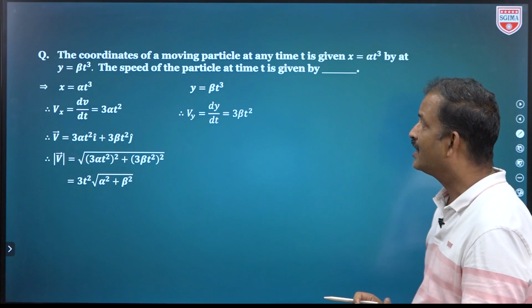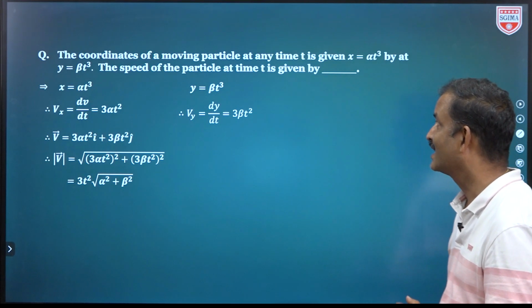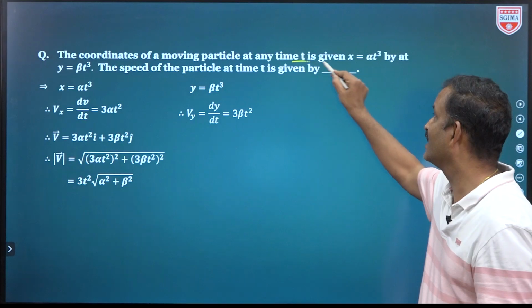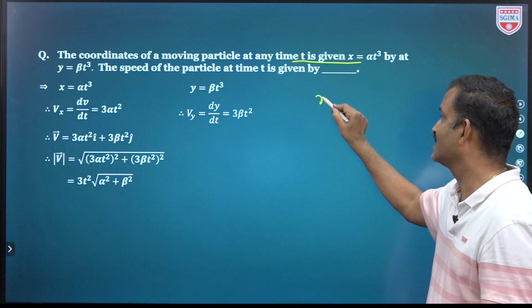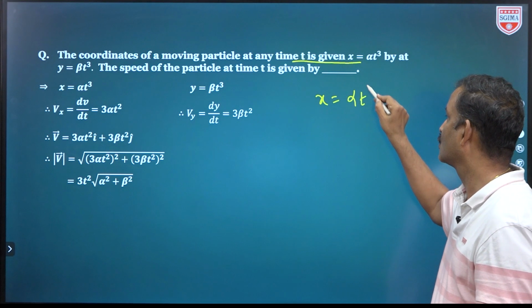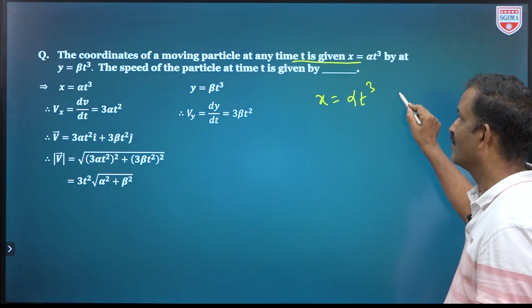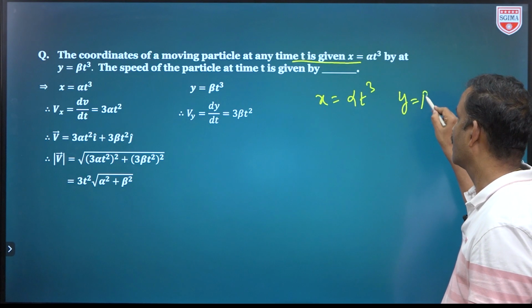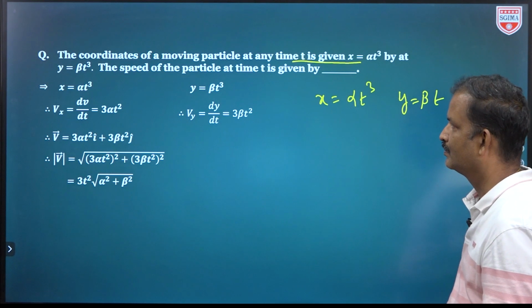Suppose the coordinates of a moving particle at any time t is given as x is equal to alpha t cube and y is equal to beta t cube.